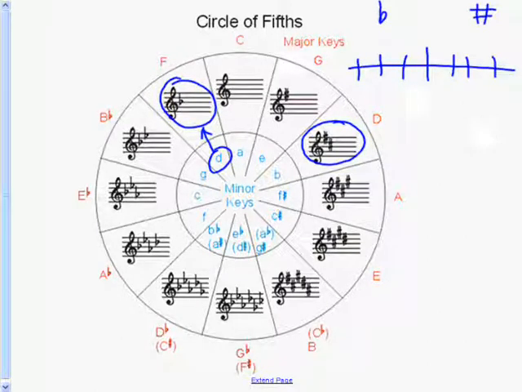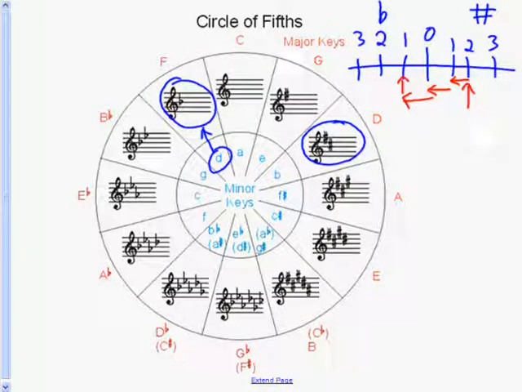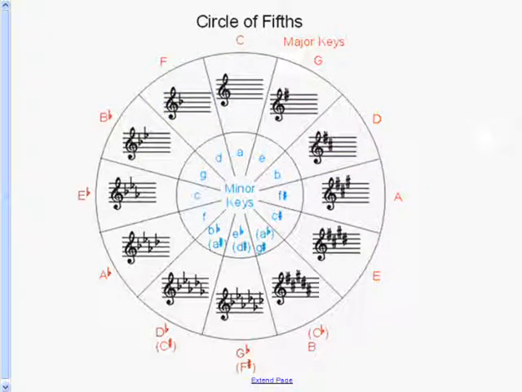So we have 3, 2, 1, 0, 1, 2, 3. And we took our D, which was 2 sharps right here, and we added 3 flats: 1, 2, 3. And we end up with 1 flat. So that's just a quick overview of minor keys. We will come back to this just to refer to it later.